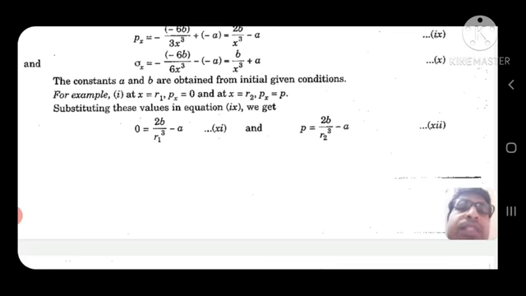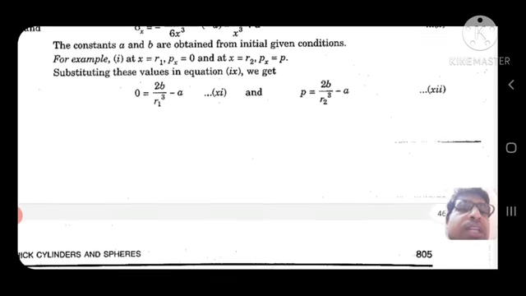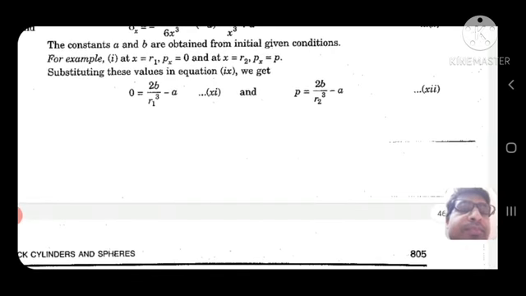For example, at x equal to r1, px equal to 0, and at x equal to r2, px equal to p. So substituting the values, 0 equal to 2b by r1 cube minus a, and p equal to 2b by r2 cube minus a.